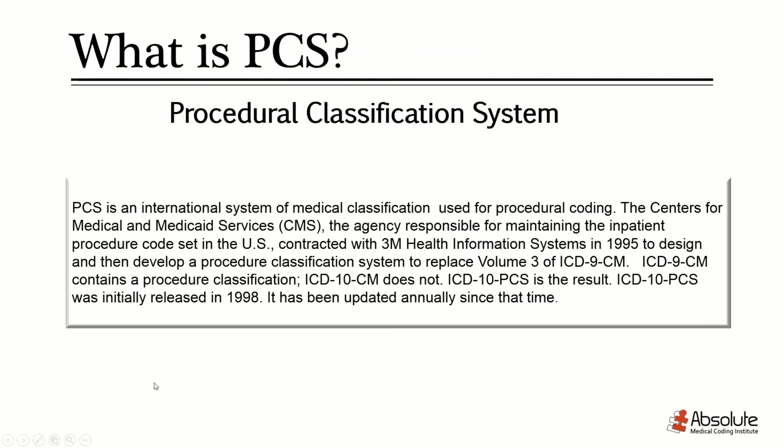Who is 3M? Yes, that's the 3M that makes office supplies. Well, now they have a health information systems, HIM system, and in 1995 they were contracted by the Center for Medicare and Medicaid Services to develop PCS.